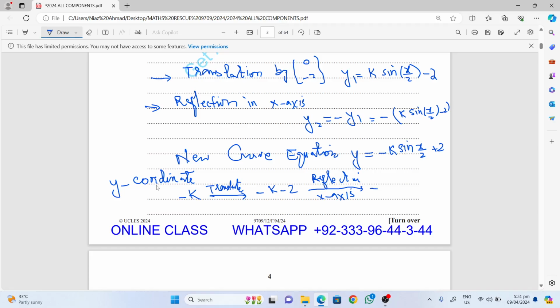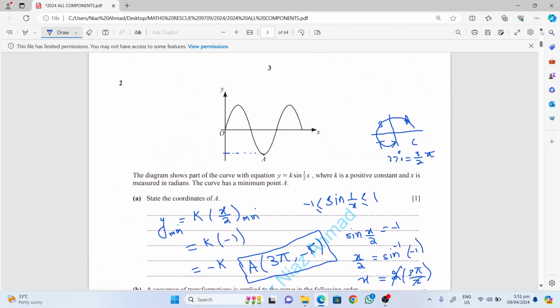So reflection is k plus 2. So the new coordinate of A would be 3 pi, comma k plus 2. This is the solution of question number 2.